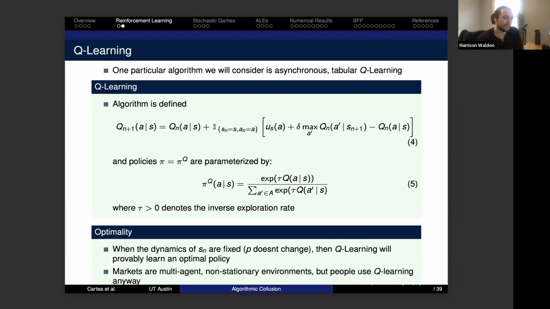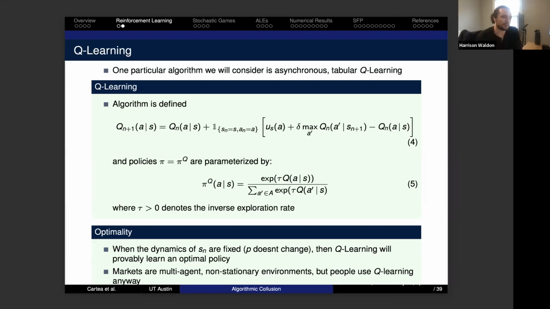So with a given set of Q values, policies are parameterized by a softmax distribution with inverse exploration rate tau. As tau gets lower, we explore more, and as tau gets higher, we exploit more.